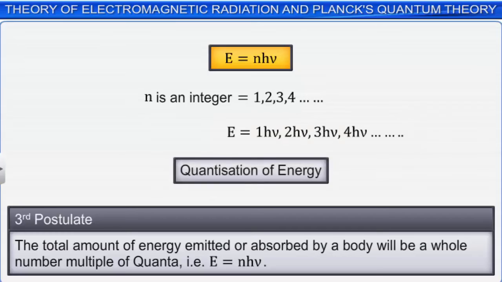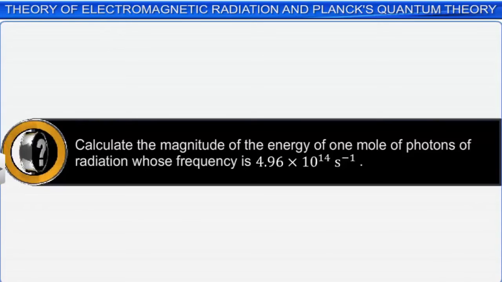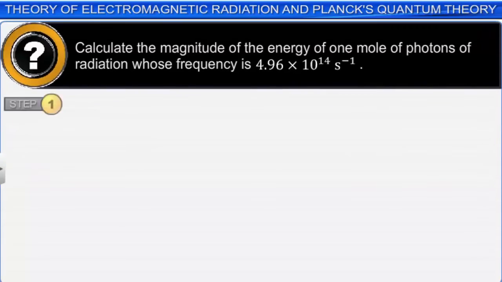Now, let us solve a numerical problem based on quantum calculation. Calculate the magnitude of the energy of 1 mole of photons of radiation whose frequency is 4.96 into 10^14 second inverse.